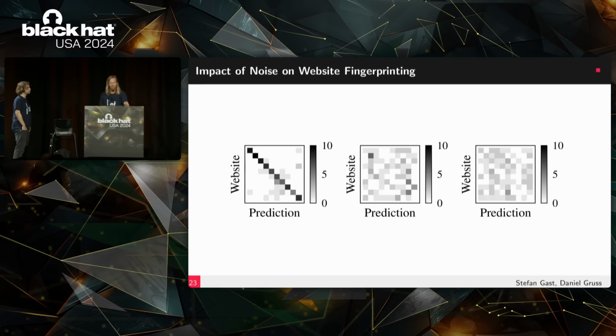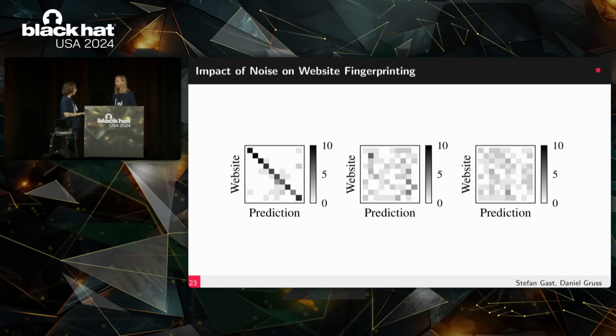Then in the middle we had noisy training data and we had noisy test data, and here we got about 15%. How did we generate the noise there again? I completely forgot about that. Oh, it was just some wget which was started and stopped in random intervals.